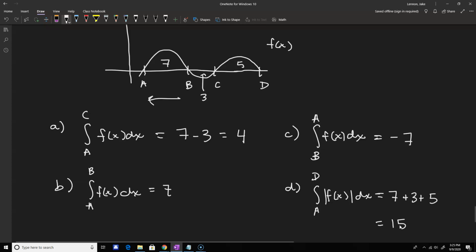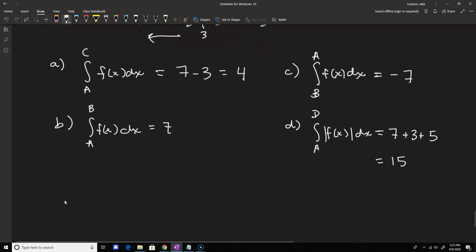And if you compared that maybe to the regular integral from A to D of f of x dx, again, you're getting 7, but the 3 is under the x-axis, so it would come out like this, 7 minus 3 plus 5, so that would come out to 9.